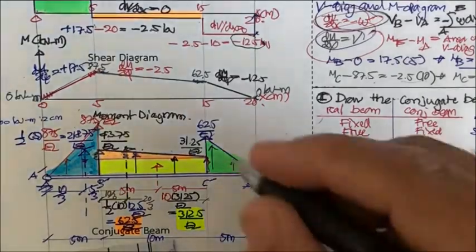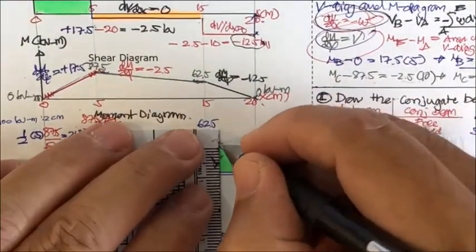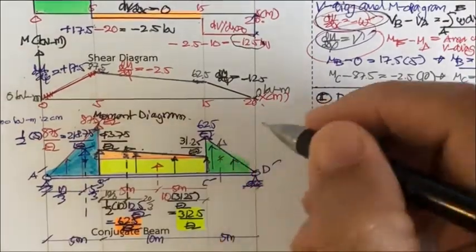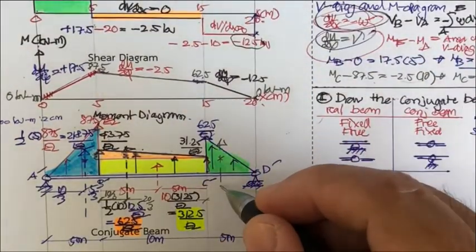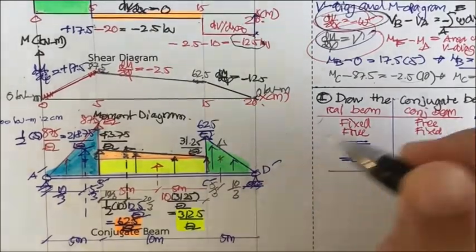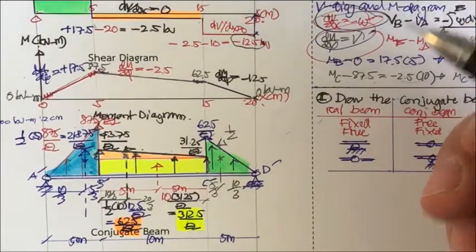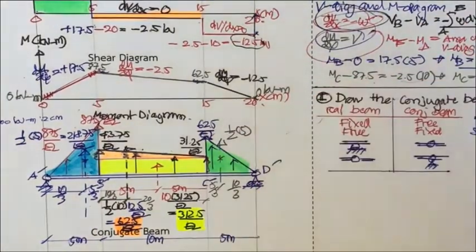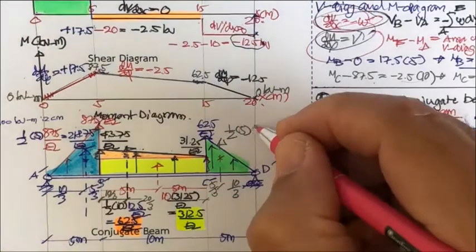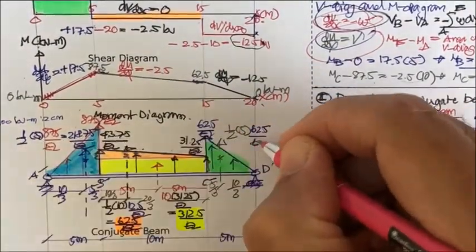And the last one we have here is for this one, and this is 5 meter, so this is 5/3, and this is 10/3, and this is going to be 1/2 of 5 times 62.5 over EI.